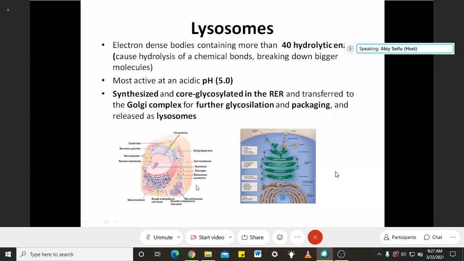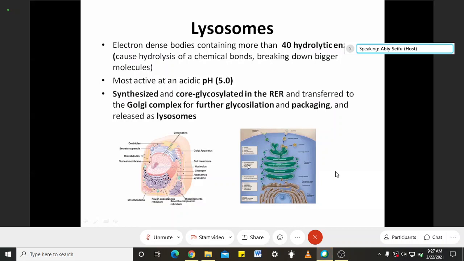The reason why these lysosomes need to be bound by membrane is, for example, the pH required for the lysosome is acidic, about 5, whereas the cytoplasmic environment is about neutral pH, about 7.